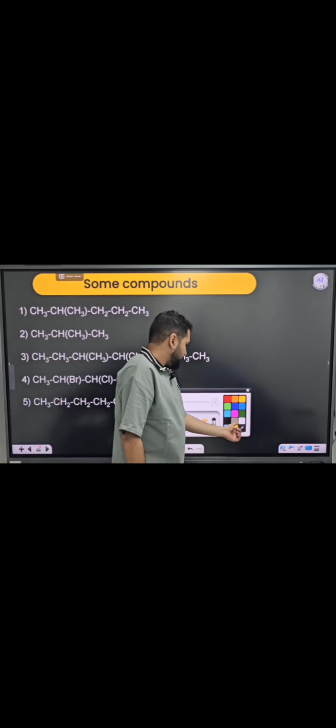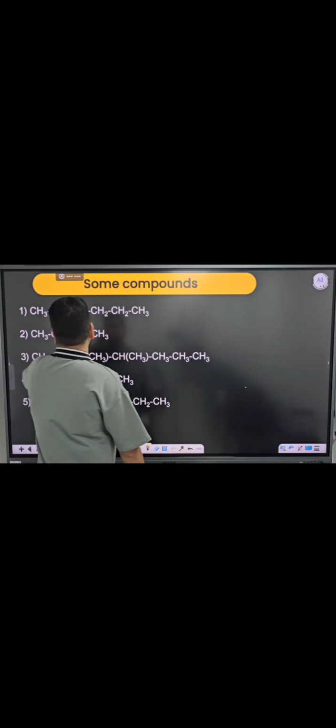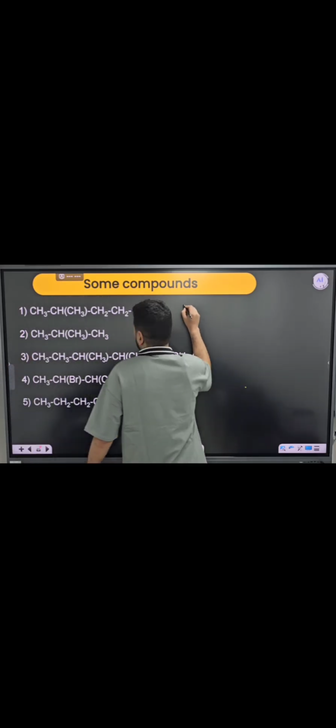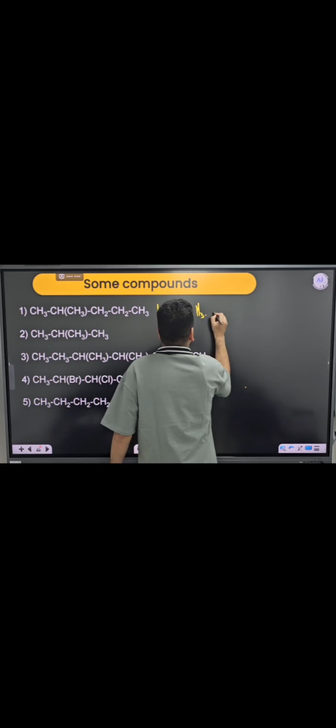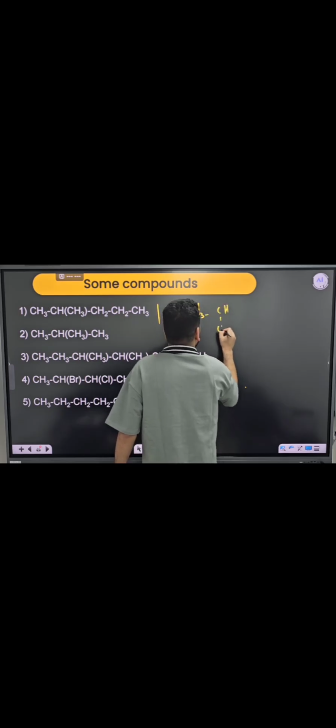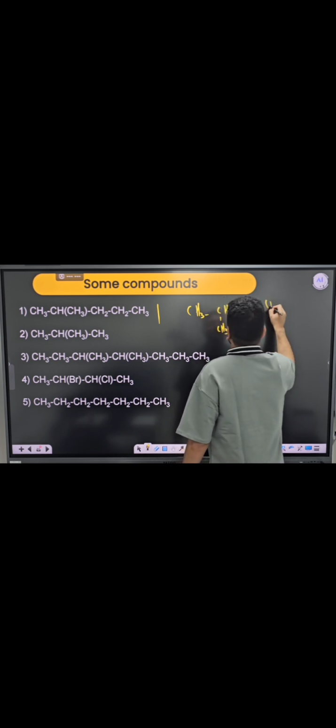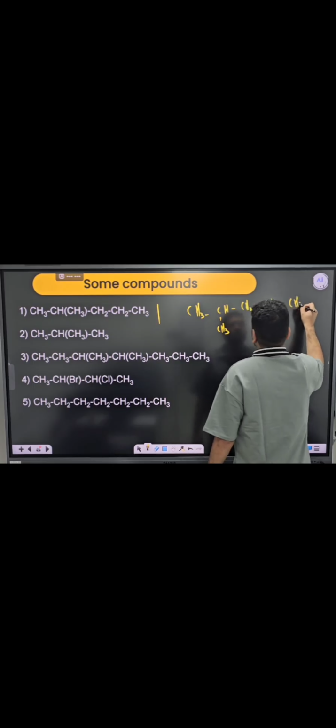Now guys, there are a few compounds that you have to name. It's related to nomenclature. How will you actually name them? See, the first compound is very simple. It is CH3, then CH. This CH is bonded with CH3 this way, right? And there is CH2, CH2, and CH3.